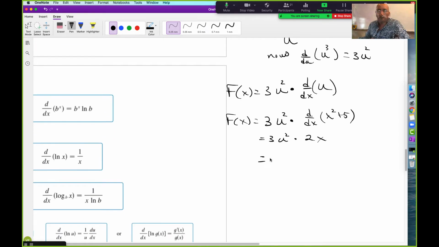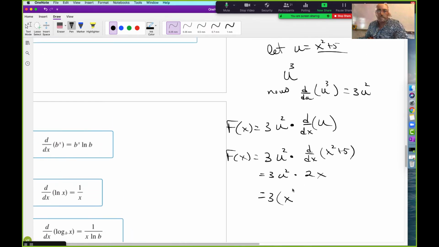So we end up with 3 times x squared plus 5, squared, times 2x. And then we can simplify this and stick it out in front and say it's 6x times (x squared plus 5) squared.